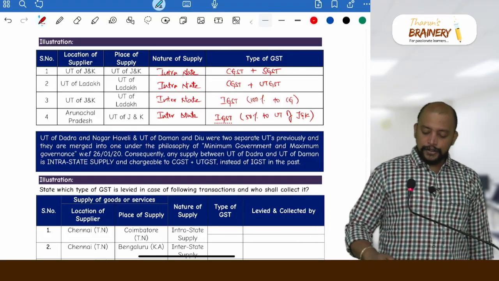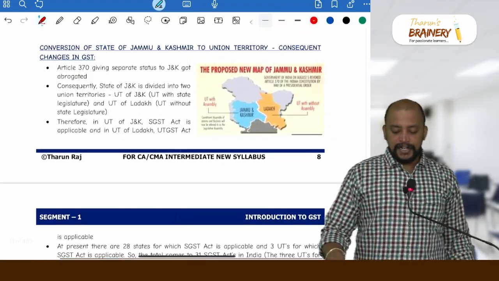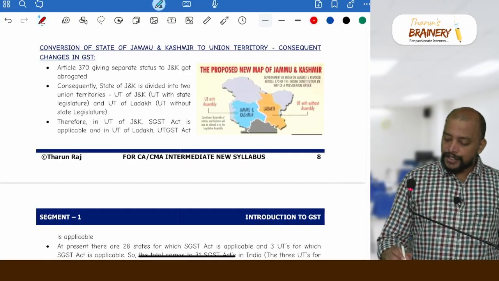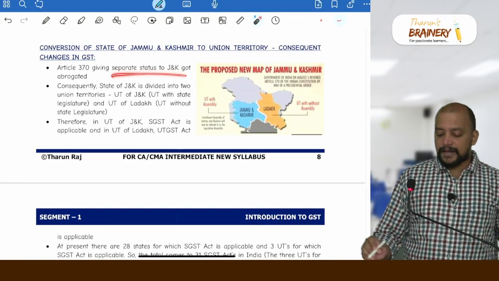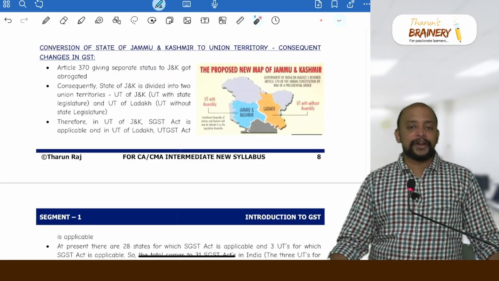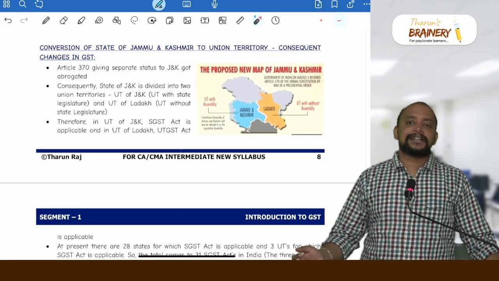Then this I told you already. So conversion of state of Jammu and Kashmir into Union Territory. Article 370 giving separate status to Jammu and Kashmir got abrogated. Previously Article 370 was there, that was given separate status.